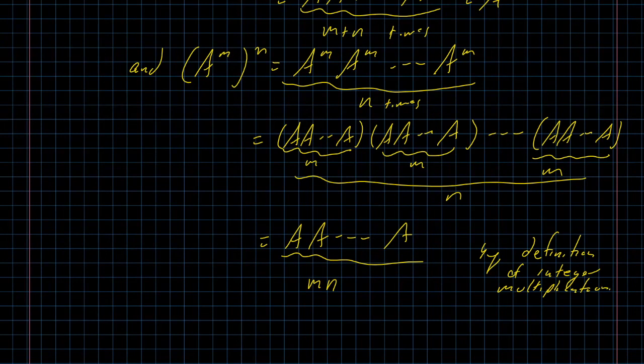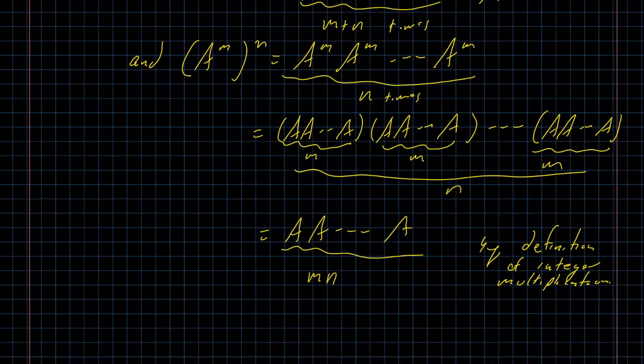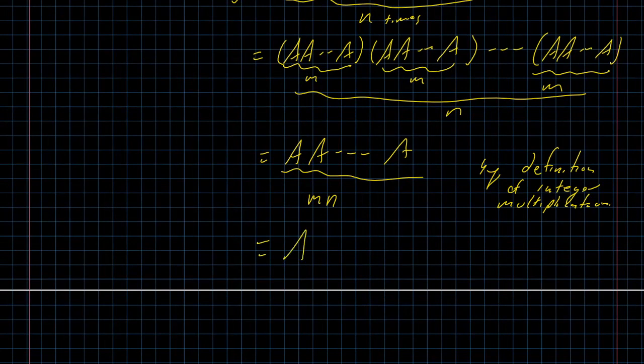That's the definition of integer multiplication. And then, of course, that is A to the m times n power. And we have proven another thing.